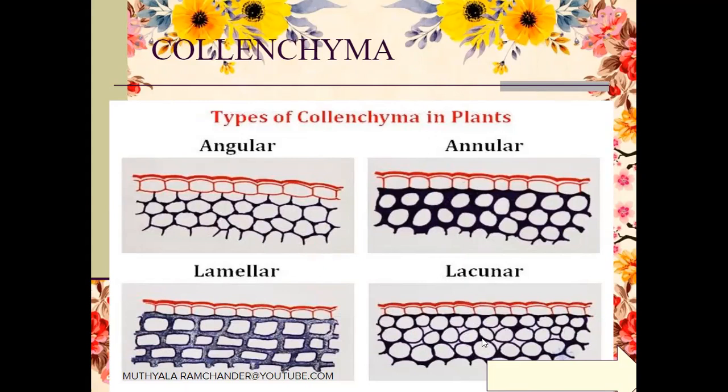So the intercellular spaces are in thickening condition. That type of collenchyma is called lacunar collenchyma. These four types of collenchyma tissues are present in the plants of dicotyledons.